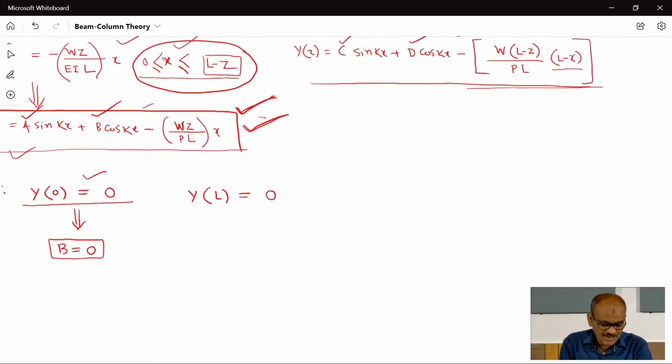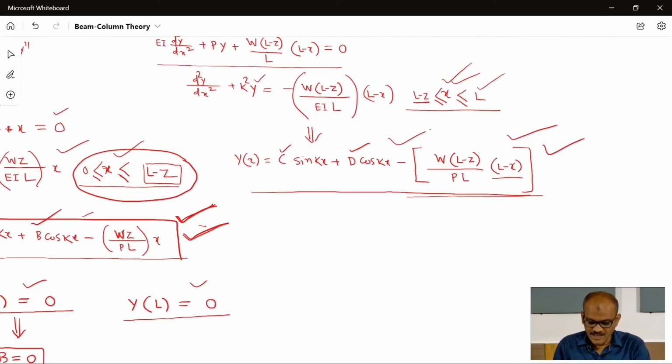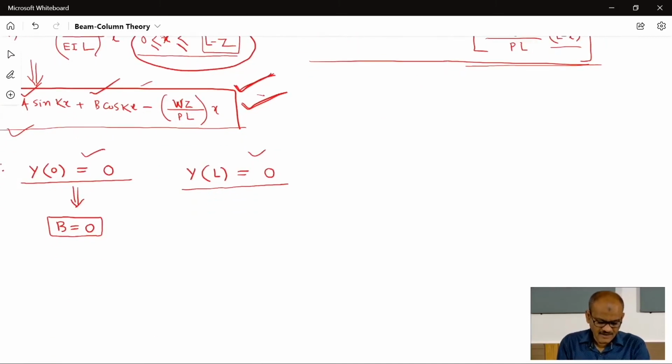And next one is the displacement at L is equal to 0. This we can find from this equation, because this equation is satisfied when x value is greater than L minus z and x is less than L. So for this, if you substitute, you get C is equal to minus D into cot K L. This is the thing.